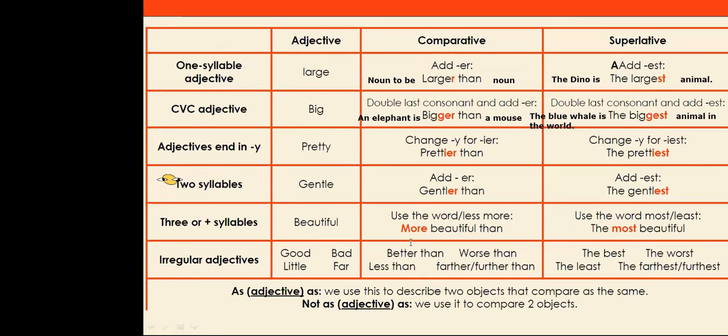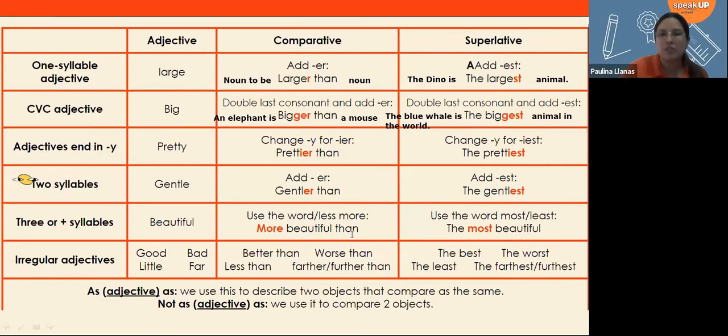Angry, hungry. When you see an adjective that ends in Y, like pretty, we change the letter Y for I and add ER to make the comparative. Instead of pretty, it would be prettier.